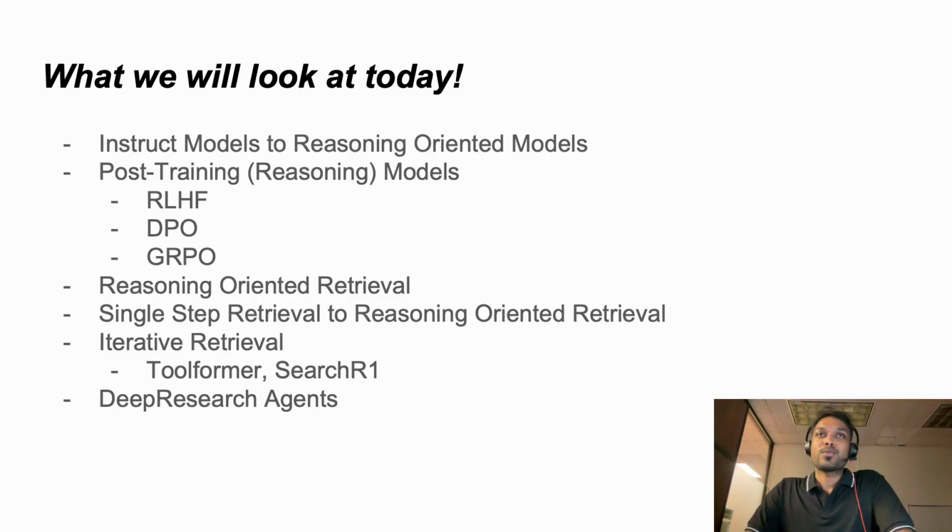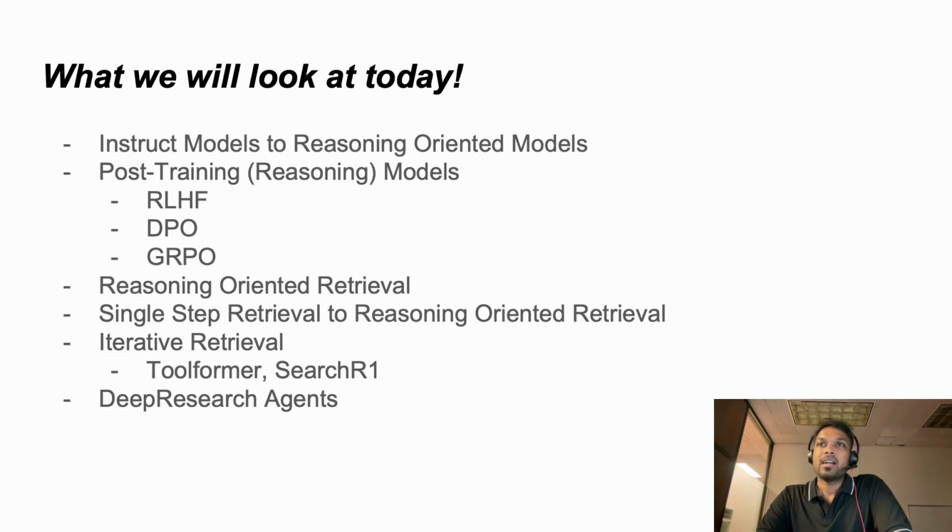Okay, so this is what we'll be looking at. We'll begin with traditional reasoning-oriented models in the non-RAG setting, meaning the standard setting, without retrieval. And the goal here is to understand how things have evolved from supervised, fine-tuned, instruction-following approaches to reasoning-oriented models, which often require some form of reinforcement learning.